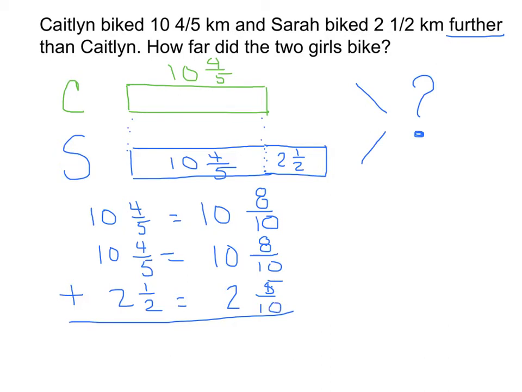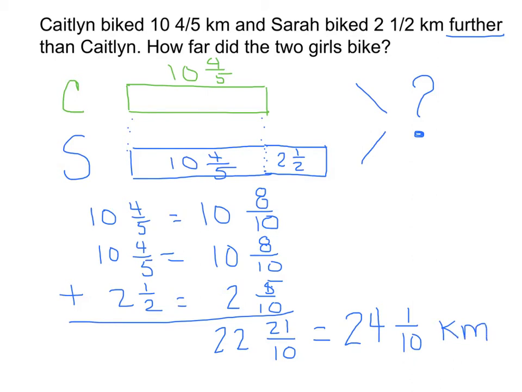So that would be 22 kilometers, and then the fractions would be 8, and 8 is 16, and 5 more is 21 tenths. And I notice that my 21 tenths is actually greater than 1, so I'm going to simplify that. There are actually 2 wholes inside that 21. So that would mean that the distance was 24 1/10 kilometers.